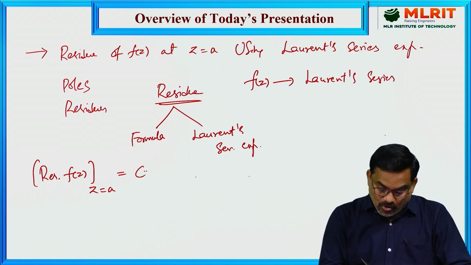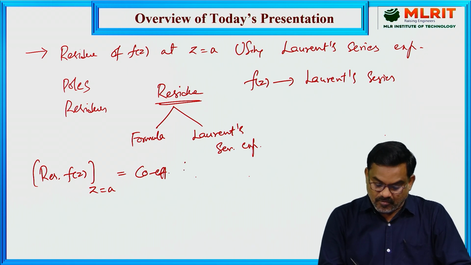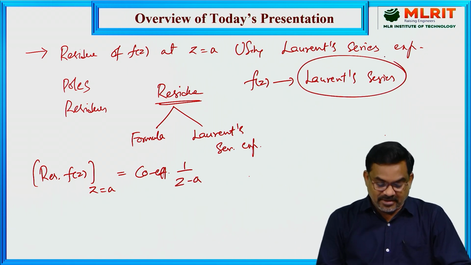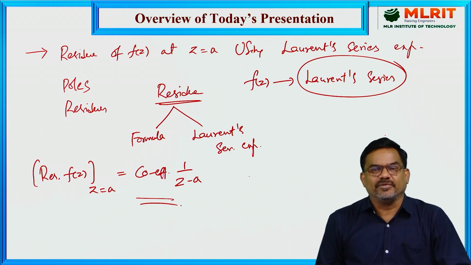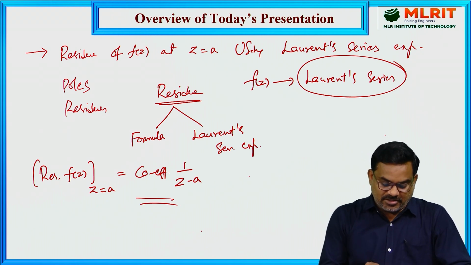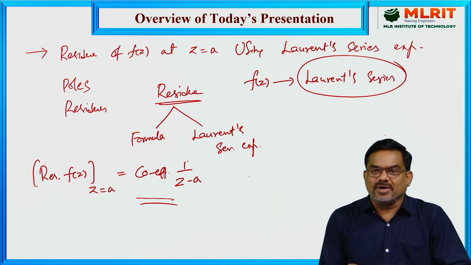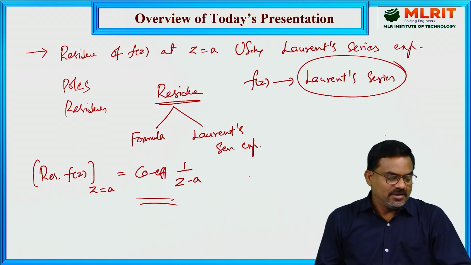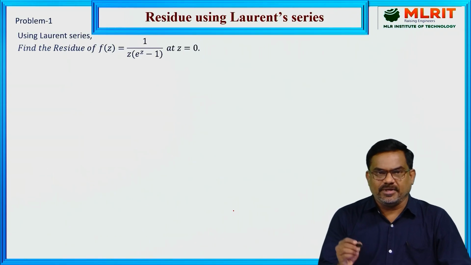Then the coefficient of 1 by z minus a in that Laurent series expansion gives the residue of the function at the pole z equal to a. Let us solve some problems on the same topic.